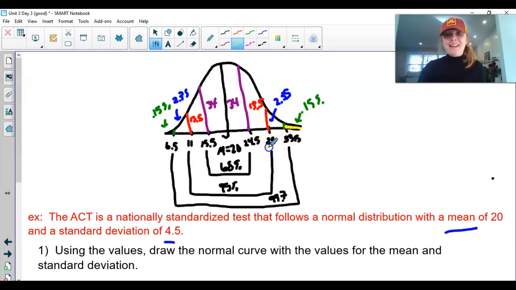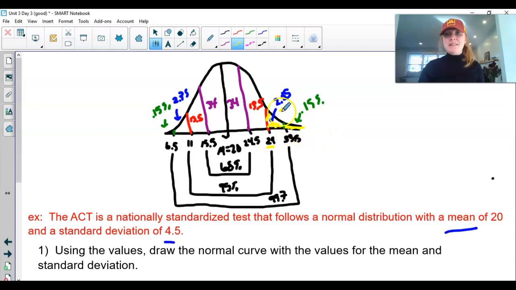What about if we got at least a 29? That would be everything from here all the way over here again, okay? If I got at least a 29, that's a top score, right? That's above the mean. If I got at least a 29 on the ACT, 2.35% of people get between a 29 and a 33.5, and 0.15% of people get between a 33.5 and above.